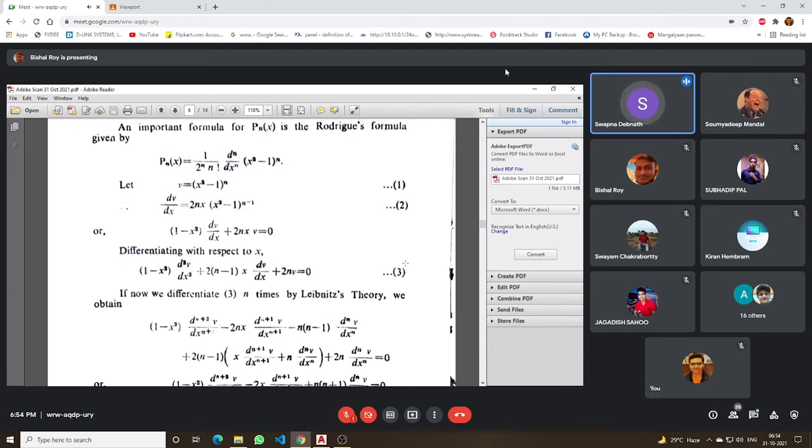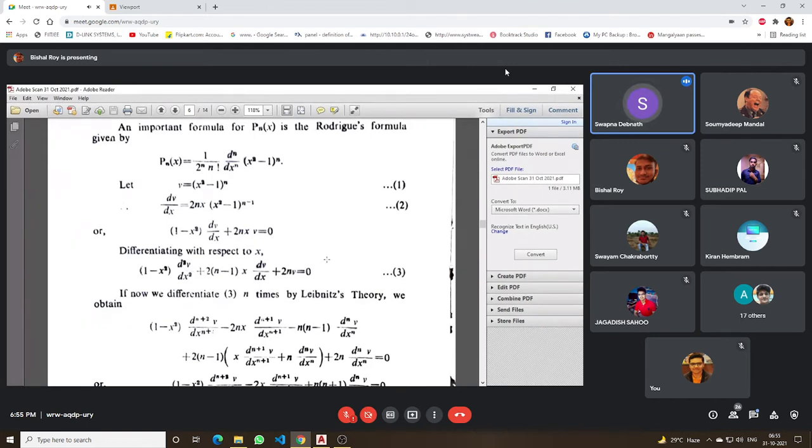How we can establish this formula? Say v is equal to (x square minus 1) to the power n. This is a series, infinite series. Then dv/dx is equal to twice nx (x square minus 1) to the power n minus 1. Then we write it as (1 minus x square) dv/dx plus twice nx v is equal to 0.